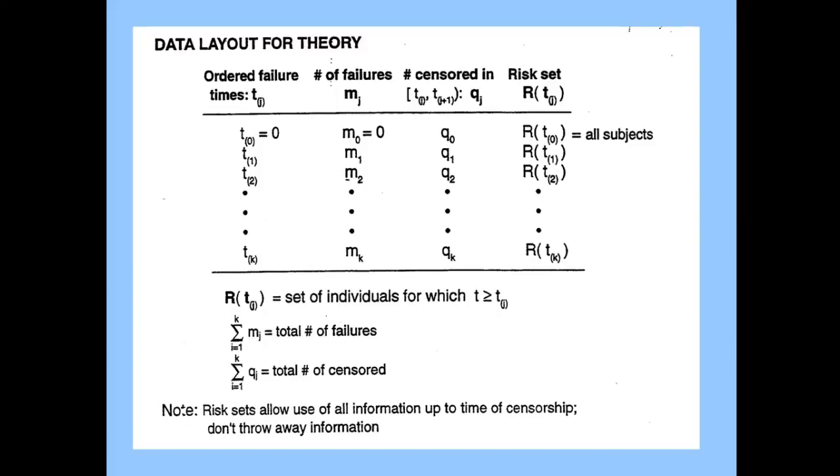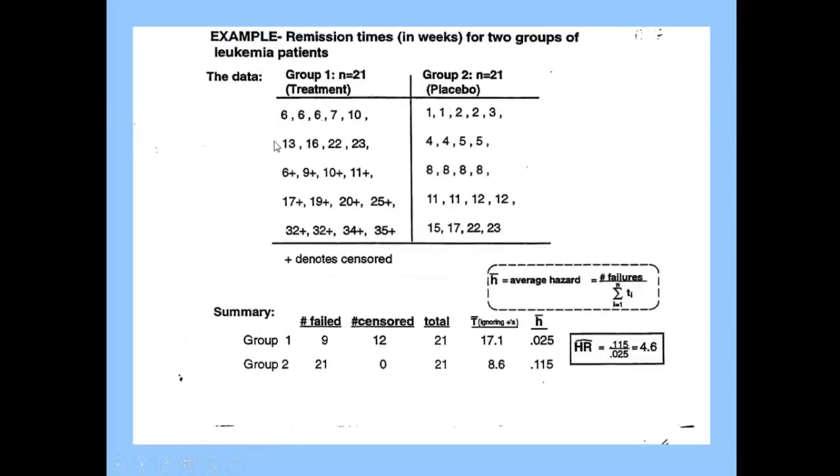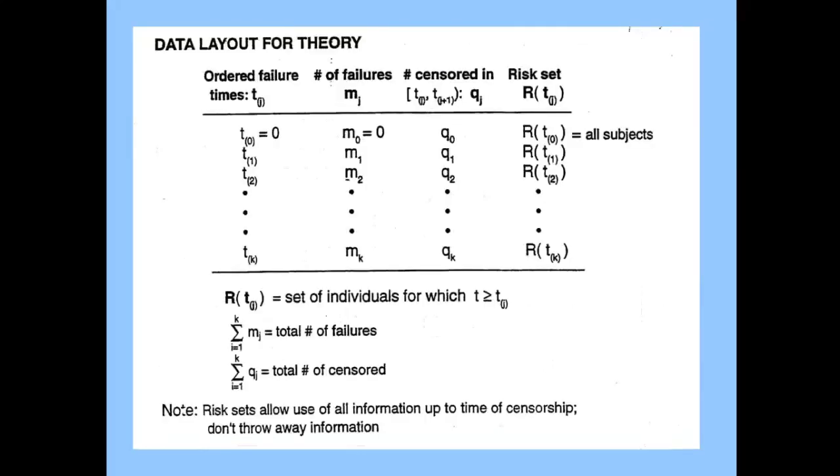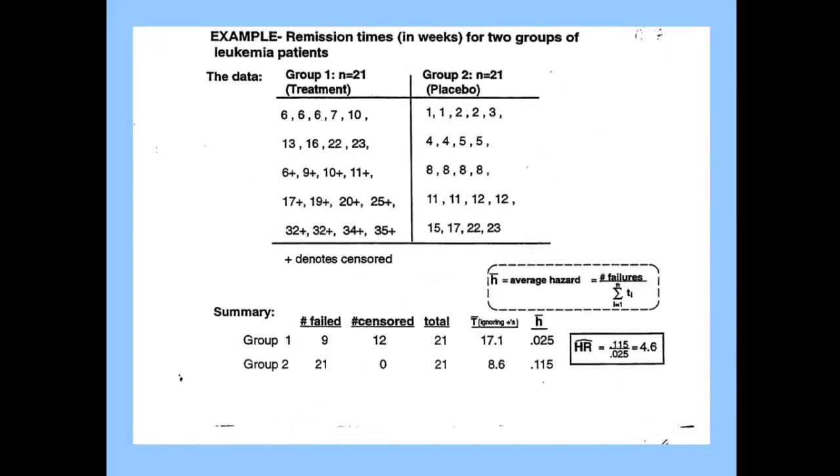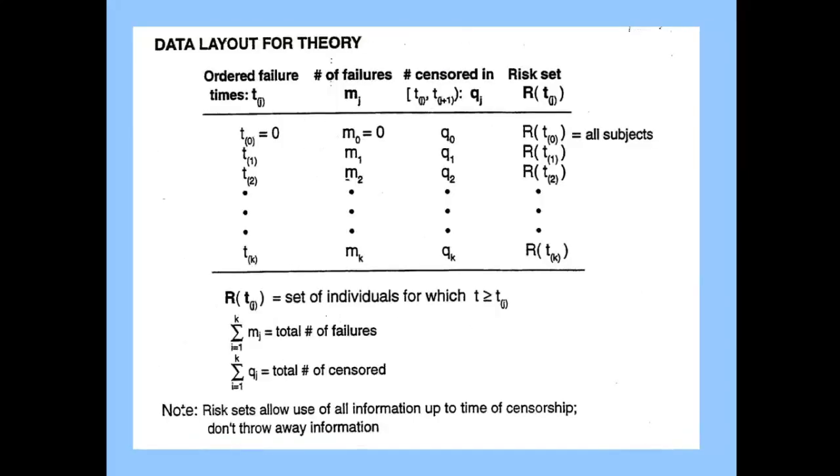And what you're doing here is, in this column, it's the number of failures between one time and the next time. So if we're looking at this data set, say, group 1, how many people failed from the start of the study until the first time that somebody failed? How many people failed at the start of the study?